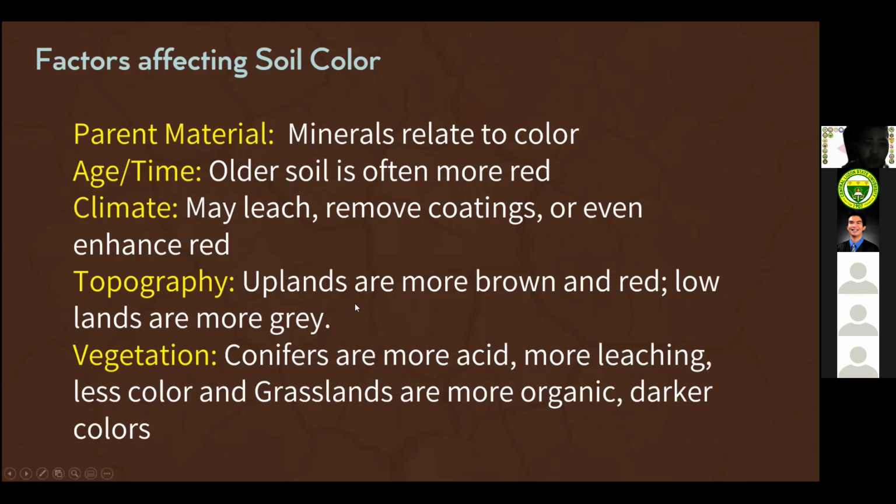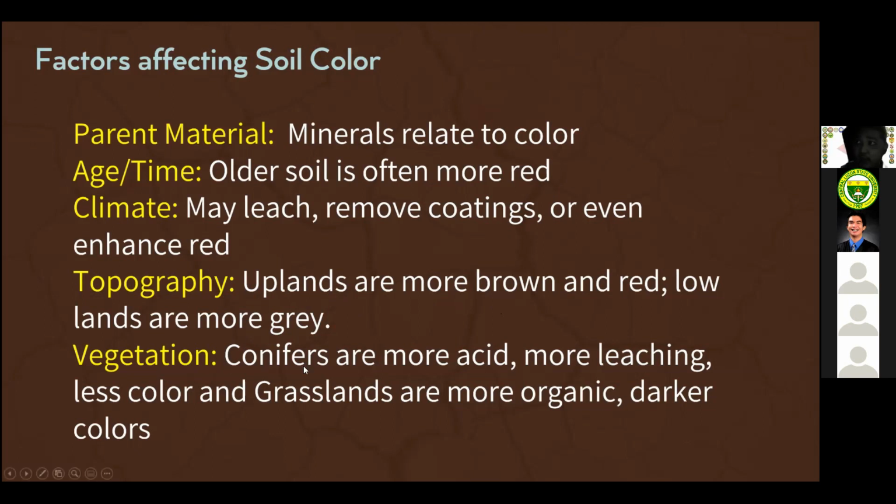Then topography: uplands are more brown and red, lowlands are more gray. Because we all know that in lowlands, mas dominant yung mga irrigated lands or yung mas naapektuhan ng water compared to the uplands na limited yung water nila.